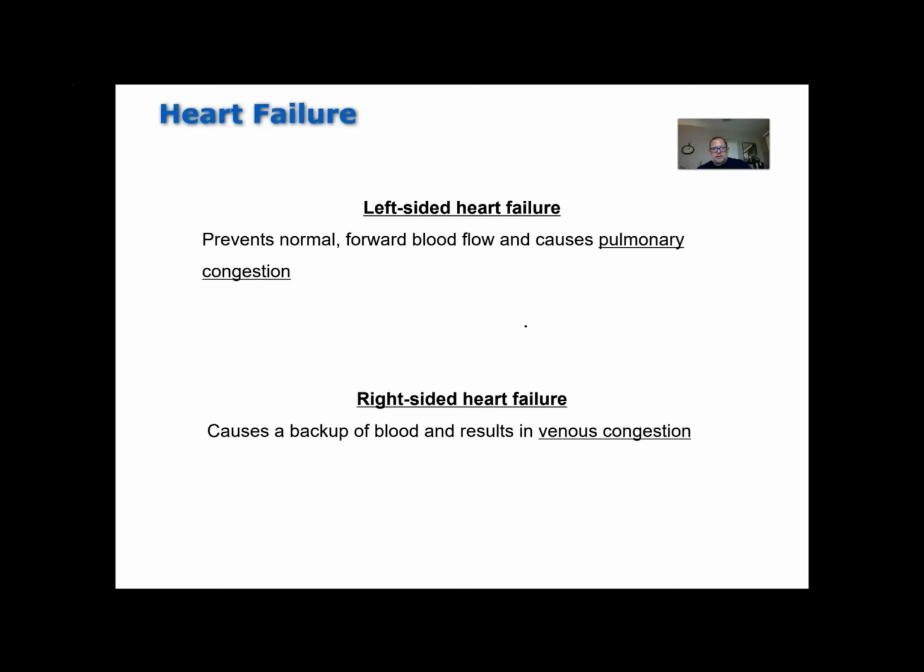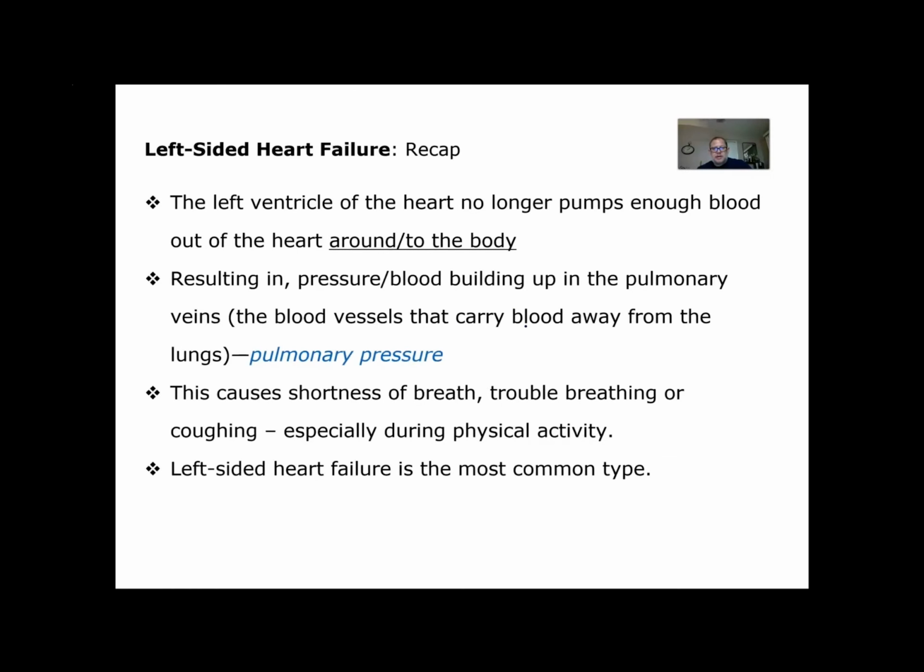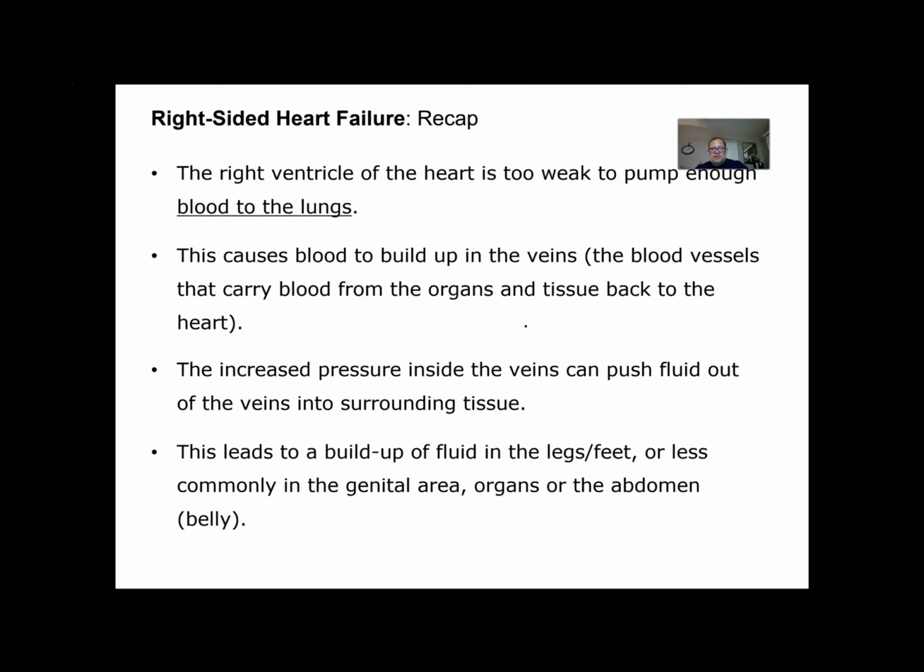Okay, we just talked about this. Left is the lungs, right is the rest of the body. Quick recap. With left-sided failure, the left ventricle of the heart no longer pumps enough blood, resulting in pressure and blood building up in the pulmonary veins, causing pulmonary pressure. This causes shortness of breath and trouble breathing, and left-sided failure is the most common type.